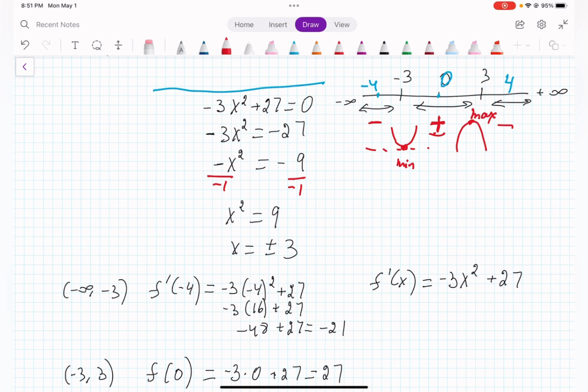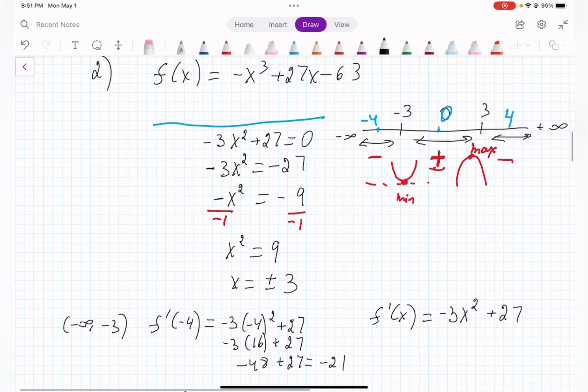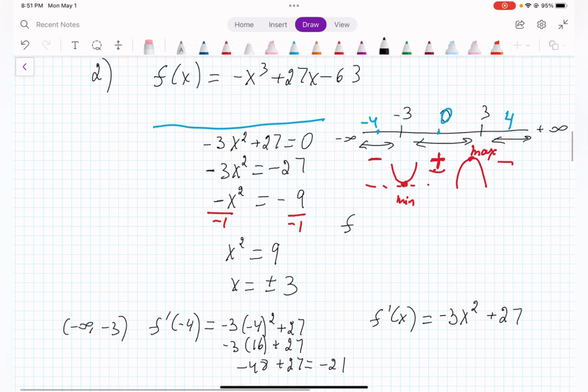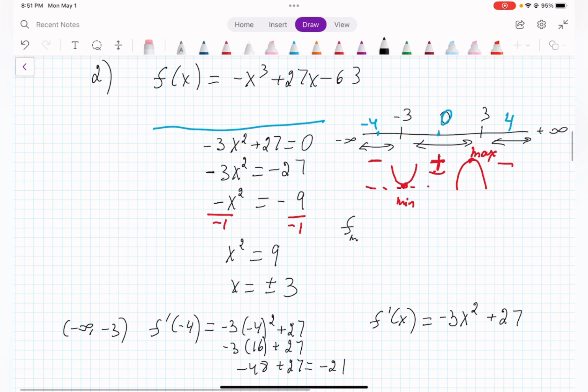Okay? So once we have relative minimum, relative maximum, let's find the y that matches to -3 and +3. So I am plugging f of minimum -3, right? Our -3 is minimum.